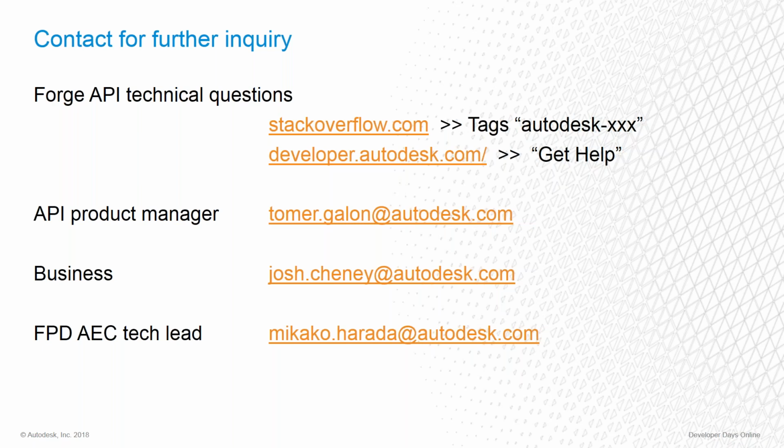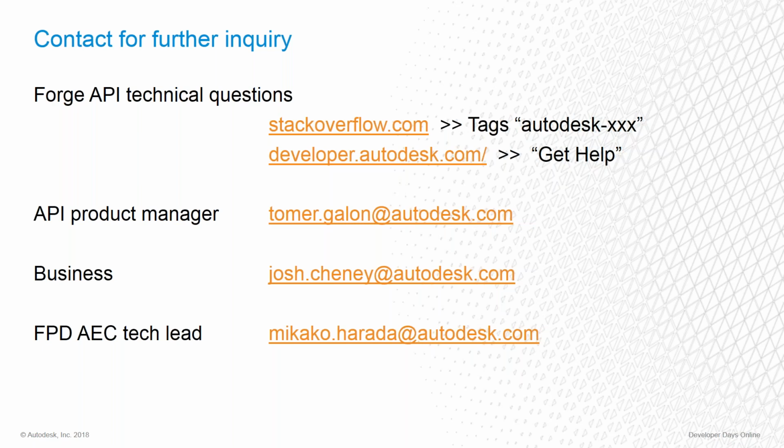It could be data management, could be BIM360. This will be the best to get the most attention because all of our teams and even the engineering team are watching this. So you will get a lot of replies from there.